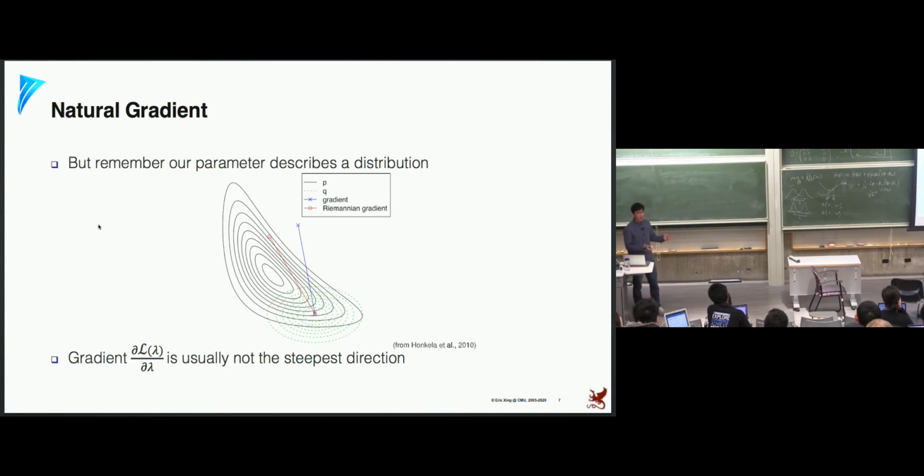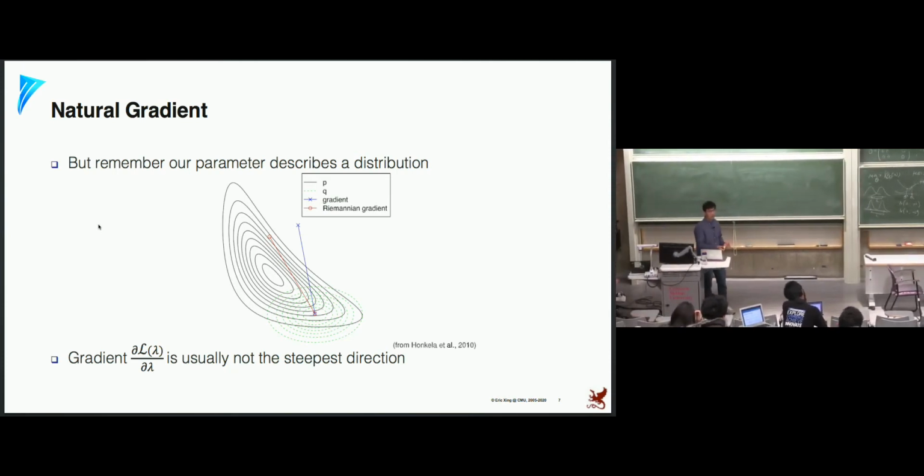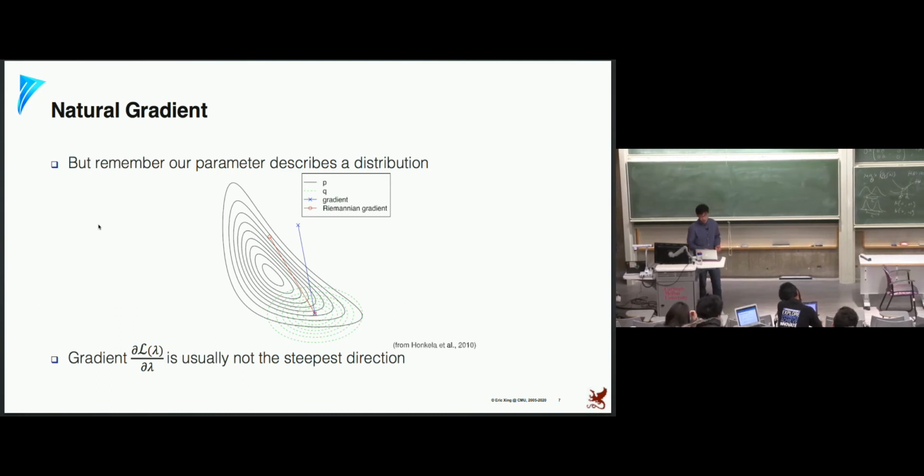Like variance 1 and variance 2 are 1 apart, but inverse variance of 1 and 2 are not the same as variance of 1 and 2, right? So they're different. Their distance should be calculated very differently, even though they represent the same thing in distribution space. So one sentence summary would be: distance between distributions is different from distance between parameters. And the naive Euclidean geometry for the parameters is not the best thing to use when we are trying to optimize the parameters of the distributions.